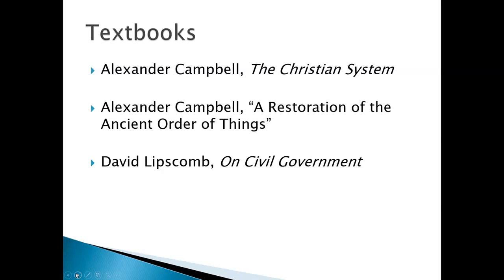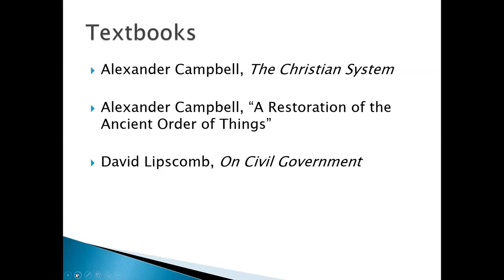If you're a person that prefers to have printed copies, they are available for Alexander Campbell's The Christian System, as well as David Lipscomb's On Civil Government. And if you want some information about that, feel free to get in contact with me, and I can point you in the direction of some good editions of that.